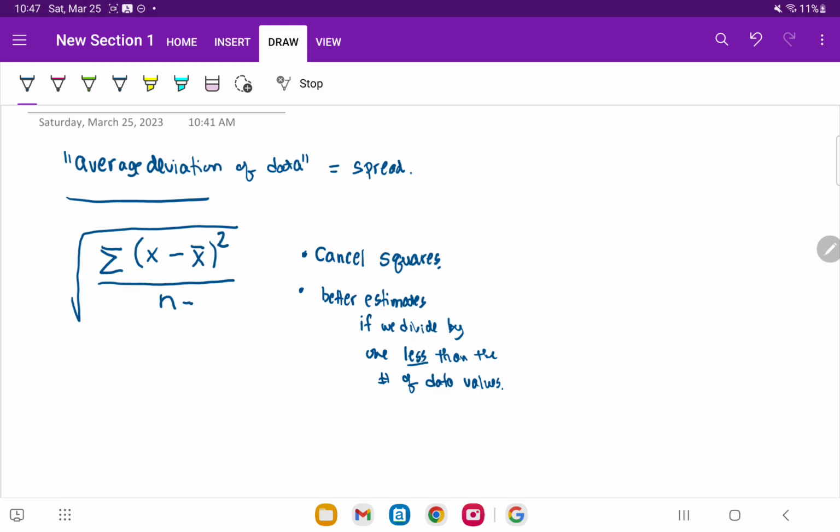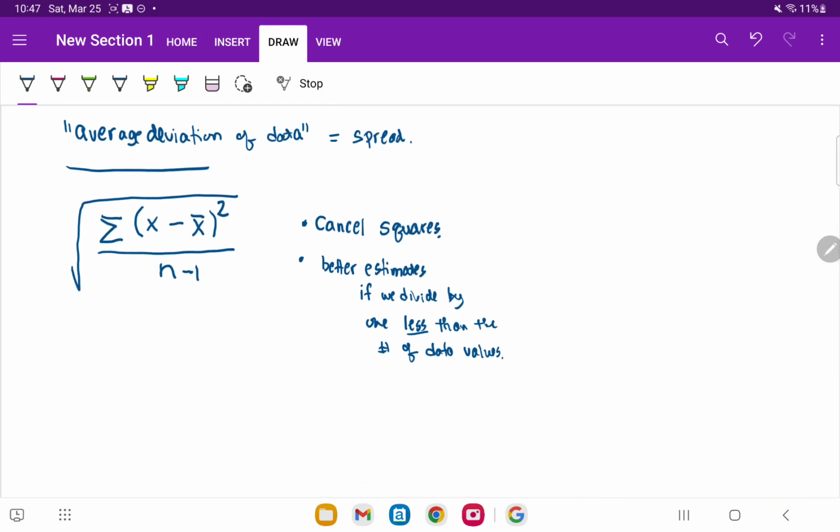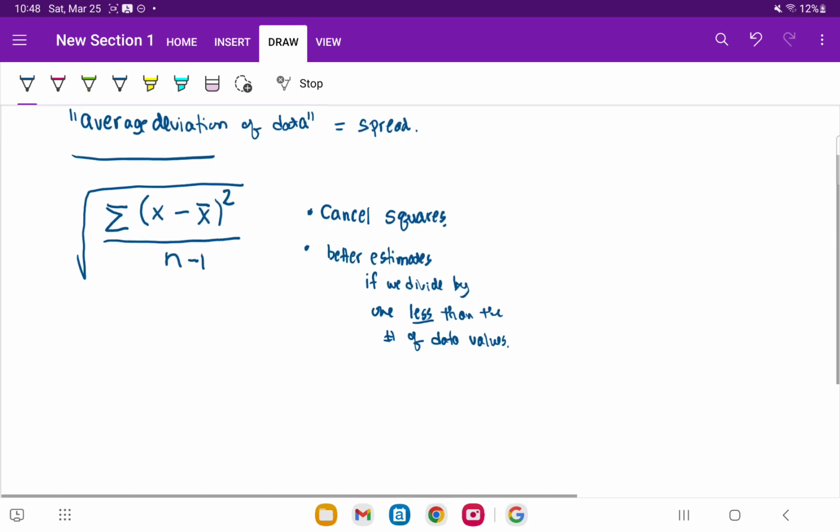This has to do with what are called degrees of freedom, which we don't need to worry about in our class, but it does come up in a later statistics class if you go on and study statistics more. But for now, just know that there's a technical reason that instead of dividing by the actual number, we divide by 1 less than the actual number. So far, so good? Okay, so that is the formula for the standard deviation, which we use the S for.